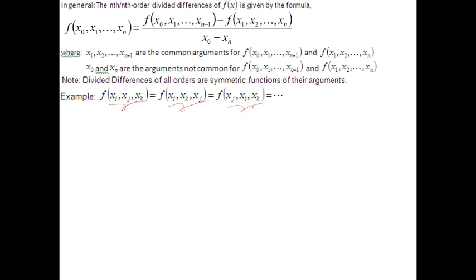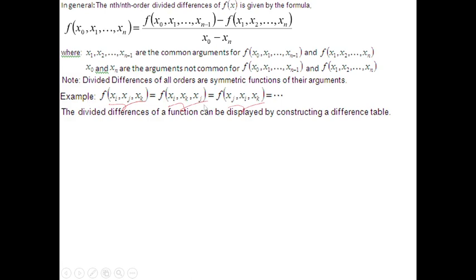They are all equal. The value will just be the same for the divided differences. So divided differences of all orders, first order, second order, third order, fourth order, and so forth, are symmetric functions of their arguments.